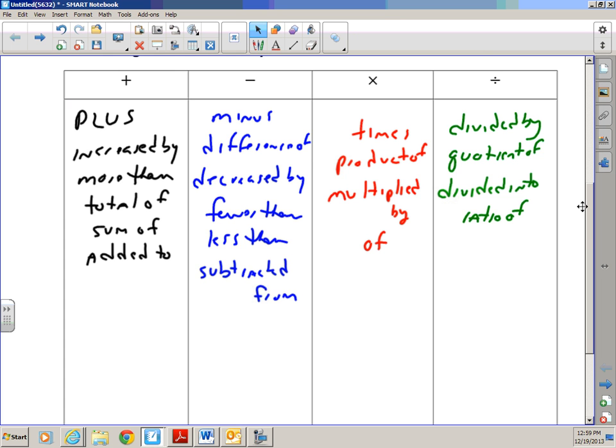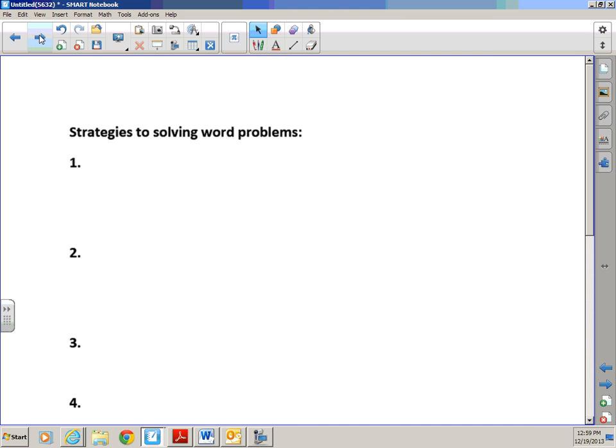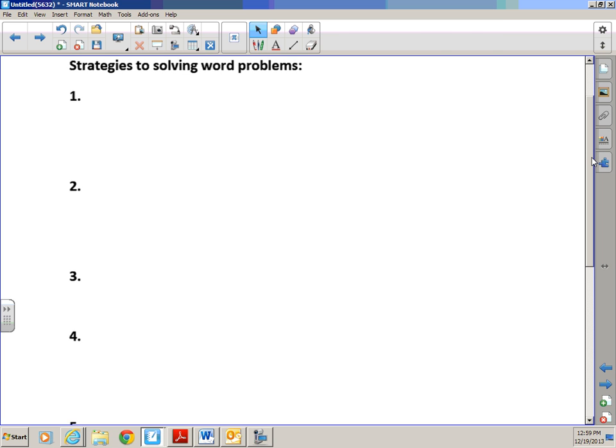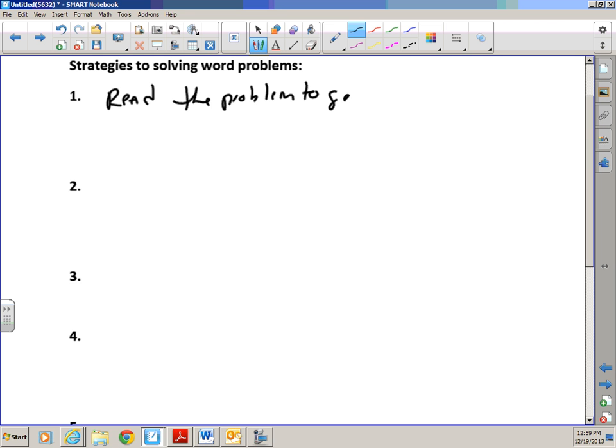Next, we want to explore what are the steps to solving a word problem. Some of these should be very apparent to you, and it's important that you follow these steps as much as possible. And I'll point out instances where not all the steps will necessarily be used. Now, the first step for certain is we want to read the problem to get an idea of what is happening with the situation.